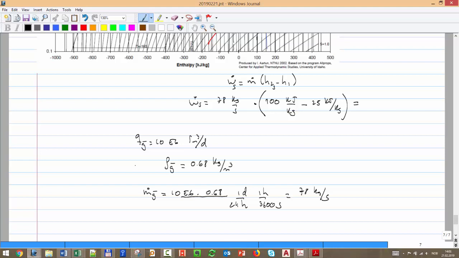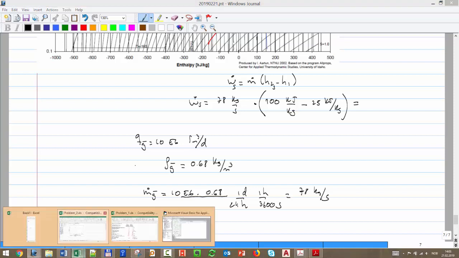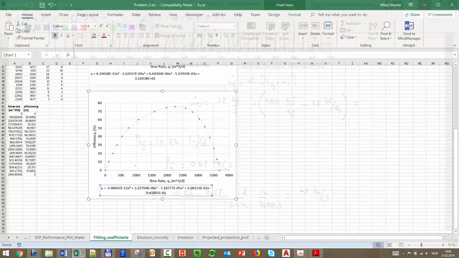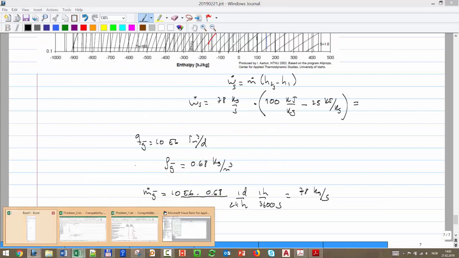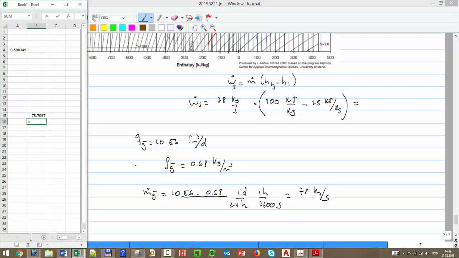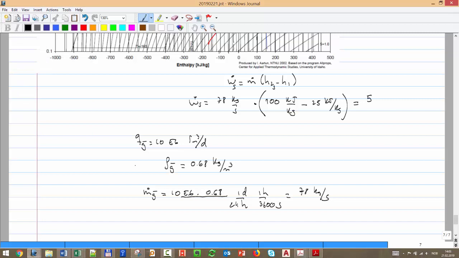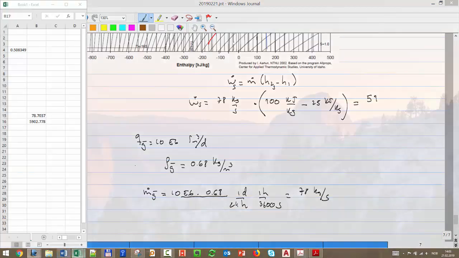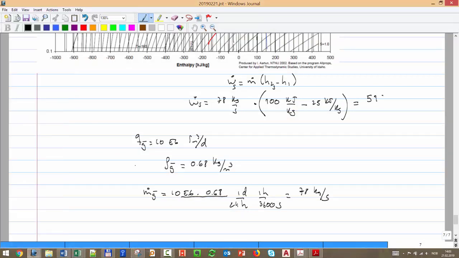And how much energy do we need at the end? That will be 78 times 75, which gives 5,902 kilojoules per second.